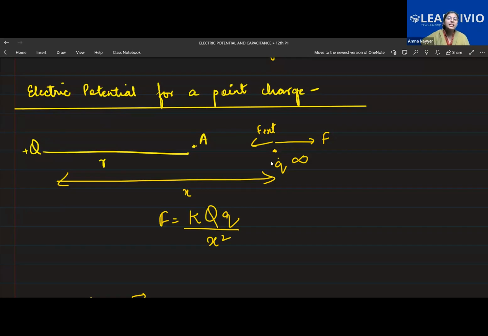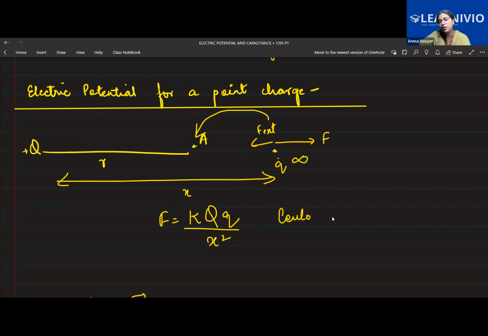Force when it is at infinity, and you are bringing this from infinity to this point. Basically, this is the whole path that it has to travel. And we have taken the separation from the plus q also as r. Now one more thing, when we are talking about displacement, this is the force according to Coulomb's law.